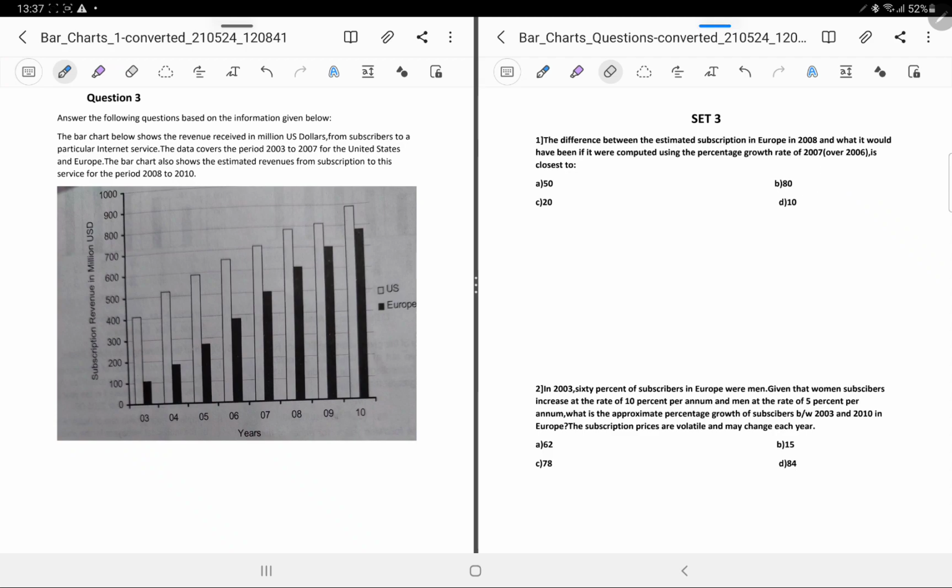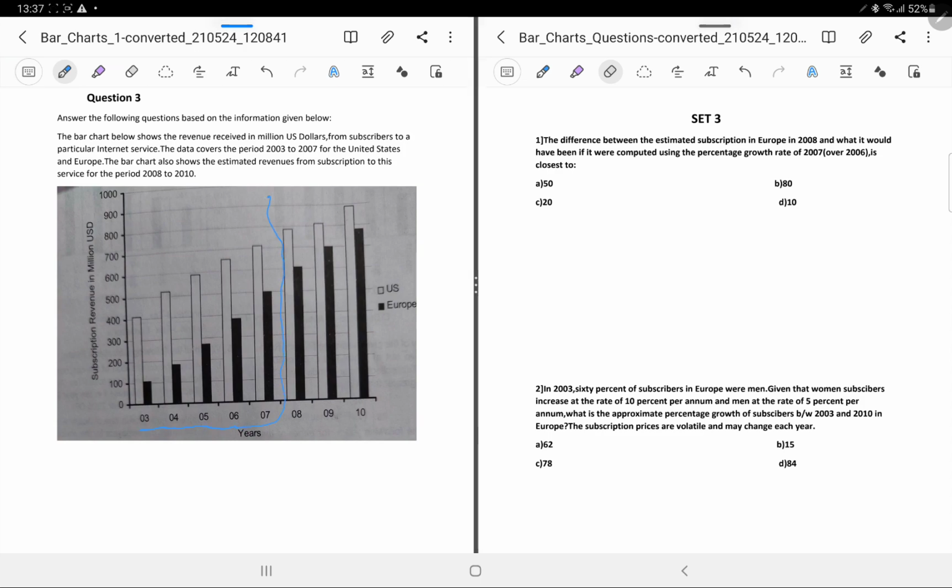Why is this called the combined graph? Just try to read this question. The bar chart below shows the revenue received in million USD from subscribers to a particular internet service. Say these are subscribers to Netflix. The data covers the period 2003 to 2007.